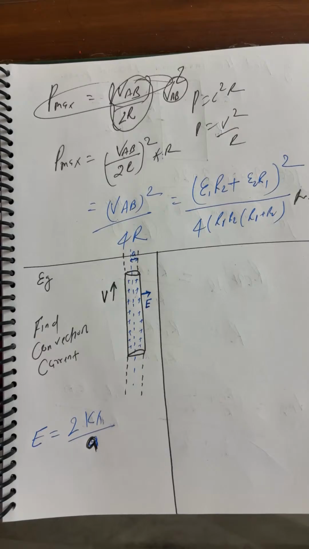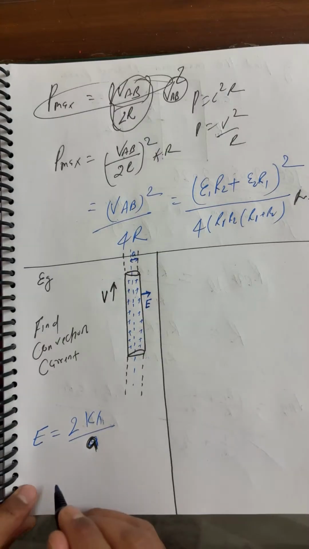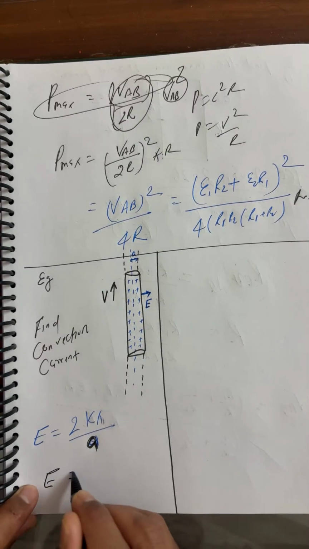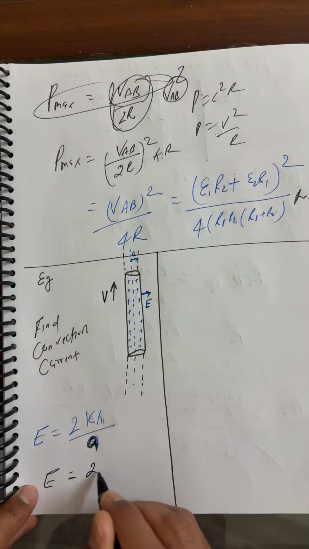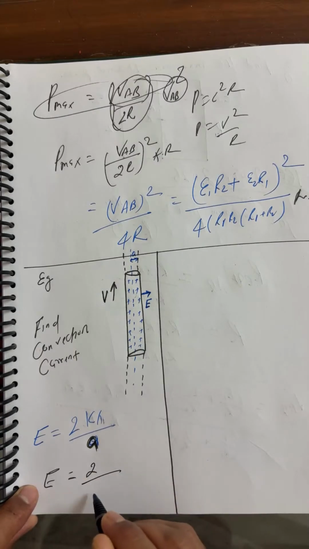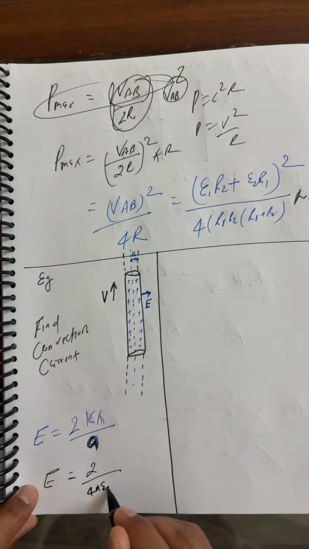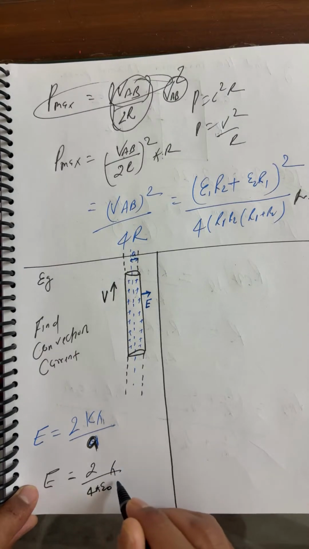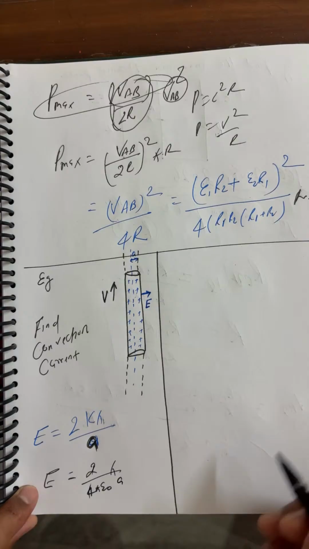Right, my dear? Okay. Here, I can further manipulate the electric field. This is 2 into k, and I'm writing k as 1 upon 4 pi epsilon naught, so the 2 cancels.